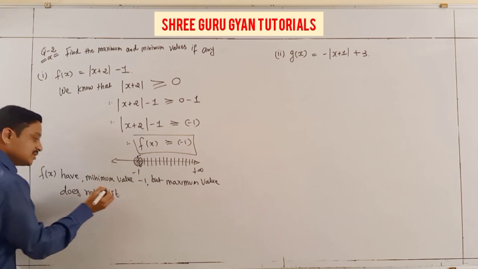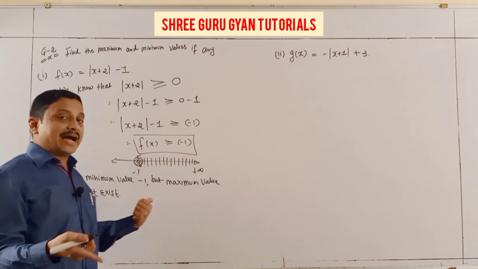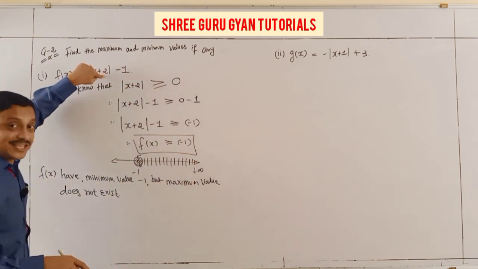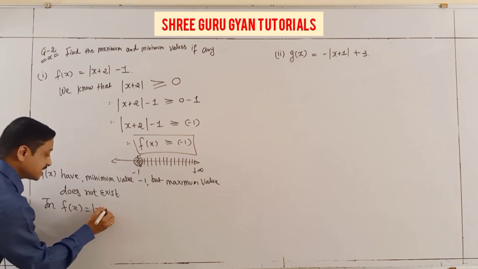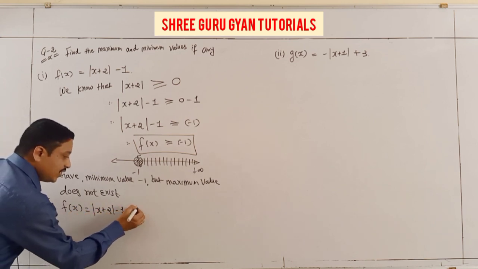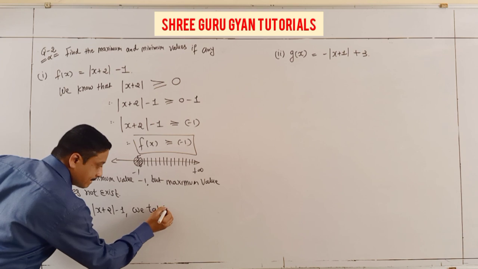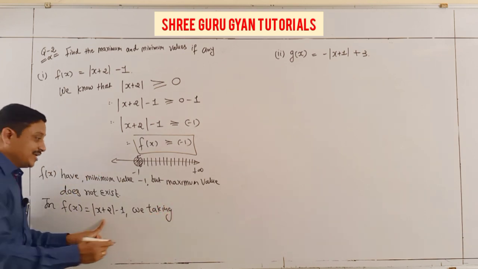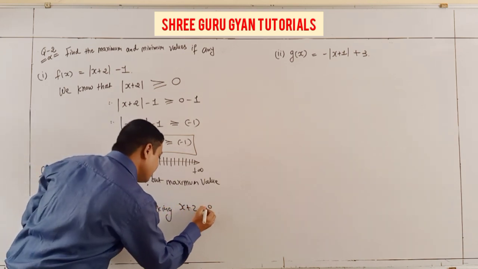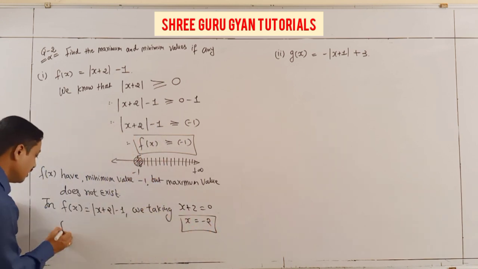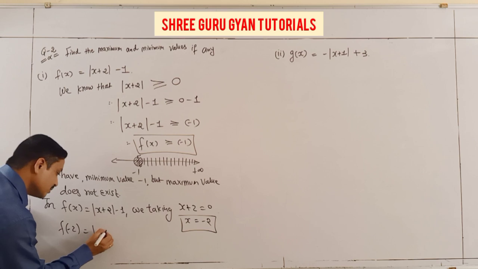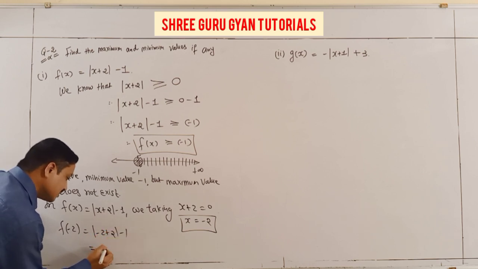Now students, at which place is the minimum? I just go to here taking 0. So in f(x), I just apply |x+2| - 1. We take this term equal to 0. Yes, you easily find at which place: x is equal to -2. And again putting here, you easily get your answer -1.